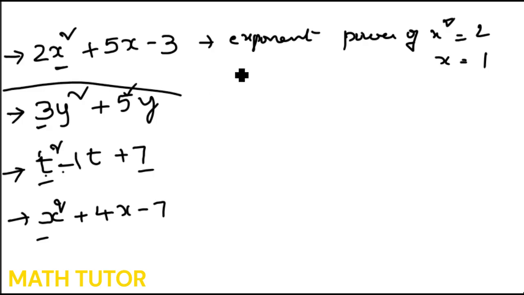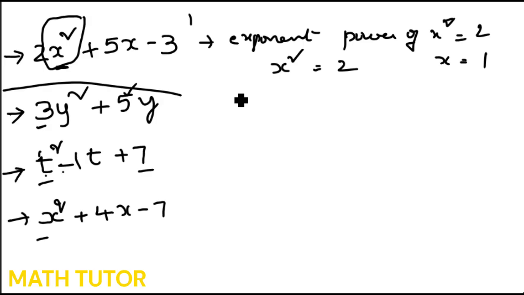Whenever a question comes like what is the order or degree of a polynomial, you have to consider the highest power. The highest power for this expression is x square, and what is the power? It is x square, that is 2.